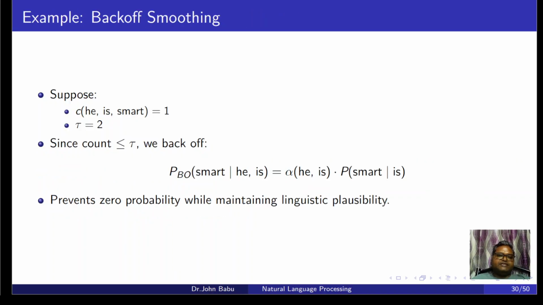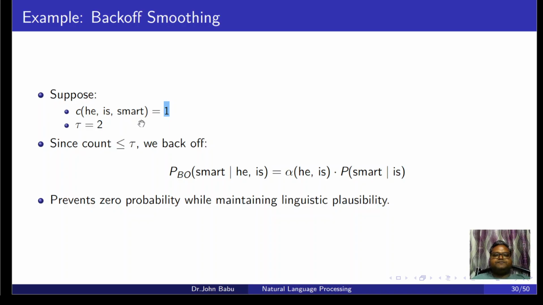Let us see some examples. "He is smart." What is this? Trigram. "He is smart", and the count is 1, and the threshold is 2. Because it is less than the threshold, whether it is 1 or 0, what do we do?